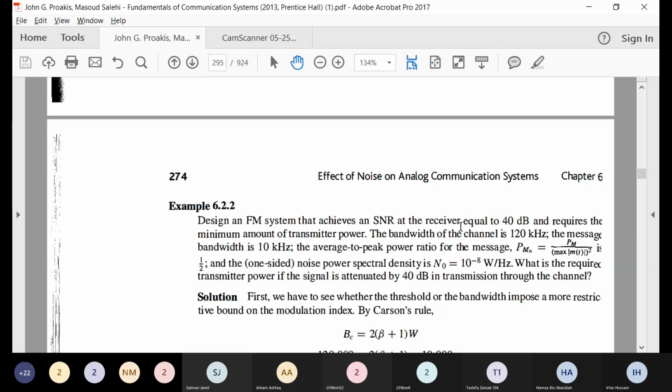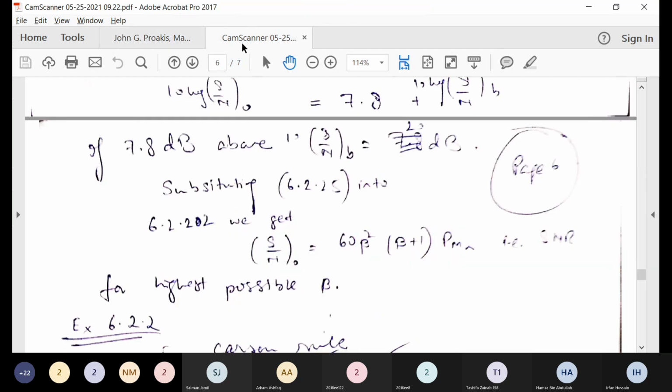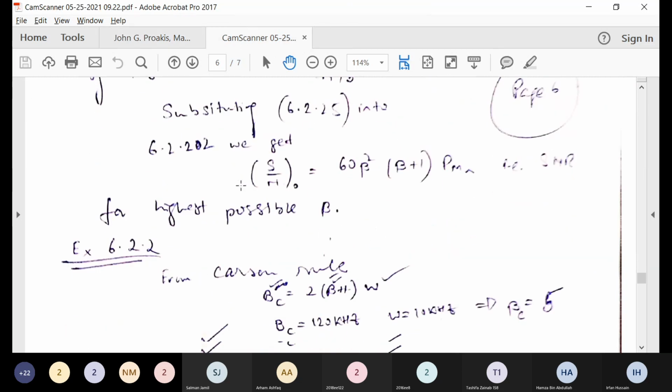From this constraint, we want to find the required power at the transmitter, if we know the channel is attenuated by 40 dB when it passes through the channel. So you can also see it from my notes.